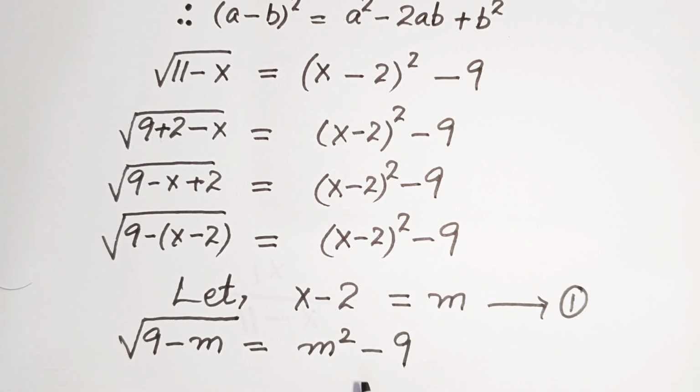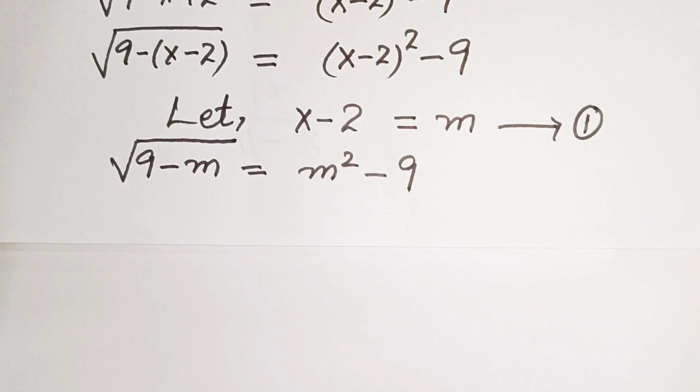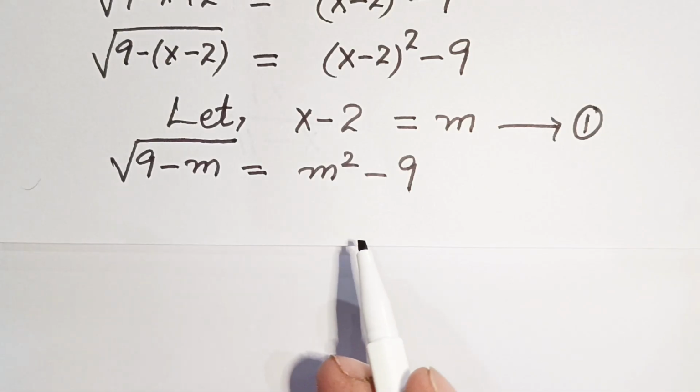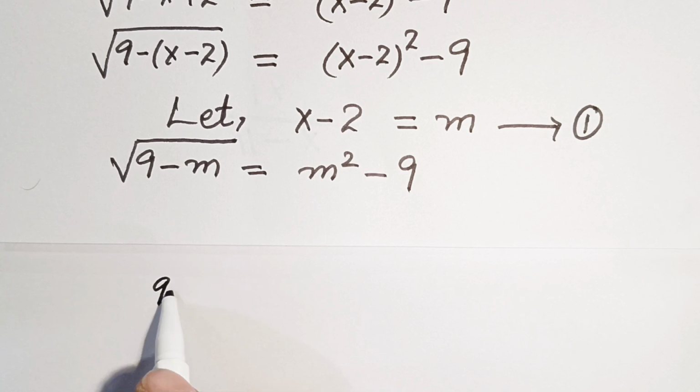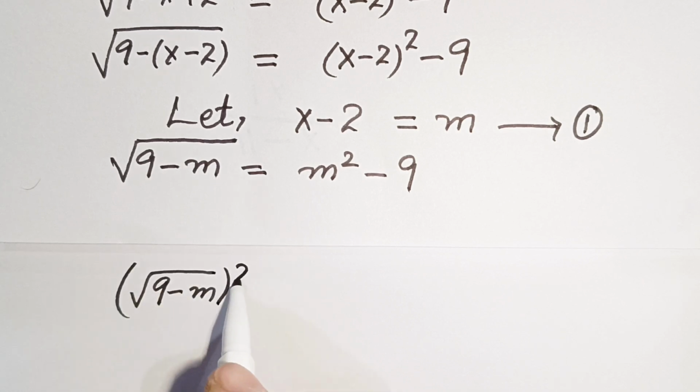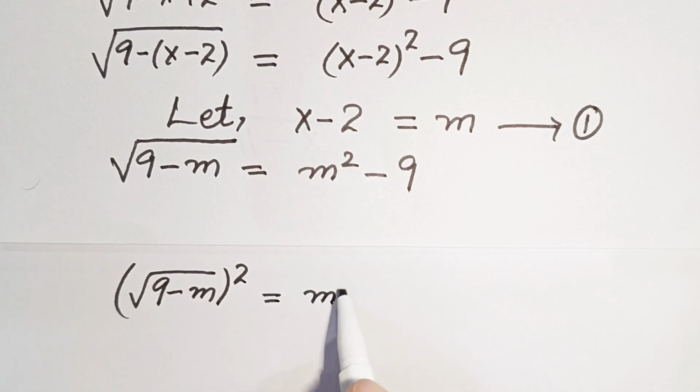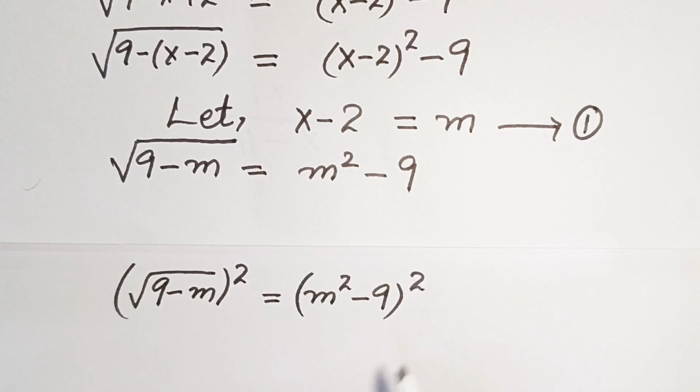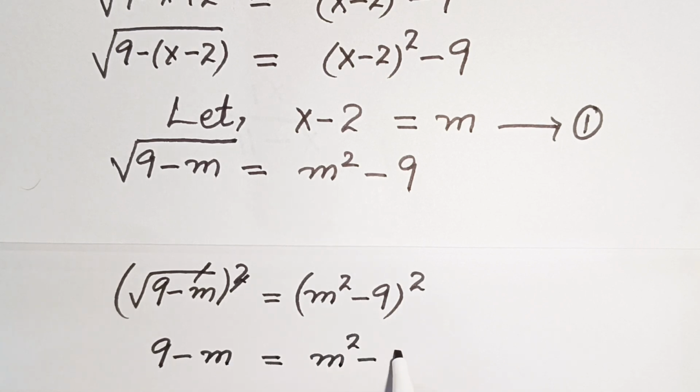Now if we just take square on both hand sides, 9 minus m whole square root taking squared, similarly m squared minus 9 taking square, the square cancels with the square root, we have 9 minus m is equal to (m squared minus 9) whole squared.